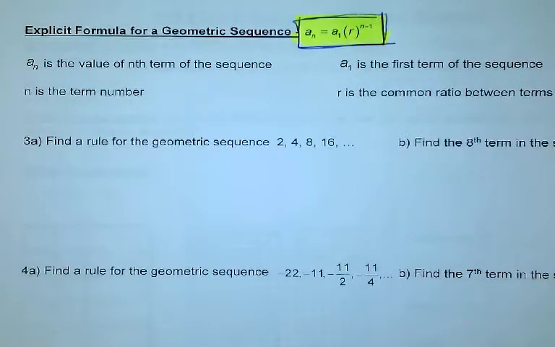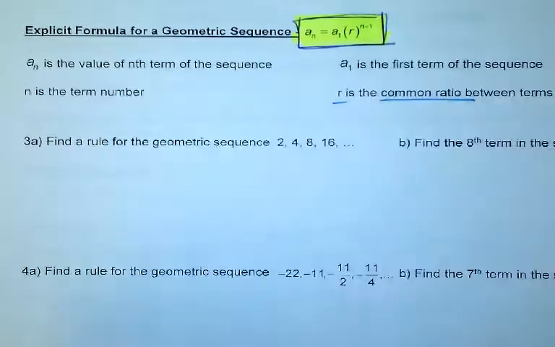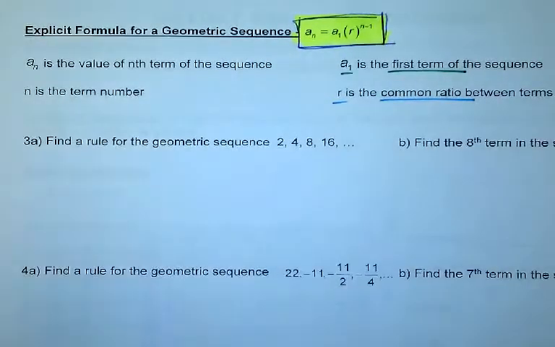So for this explicit rule, it's the same things. Your a sub n is the value of the nth term. Your n is your term number. Your a sub 1 is the first term of the sequence. And r is that common ratio. The only thing that is different than the arithmetic one is the common ratio instead of the common difference.